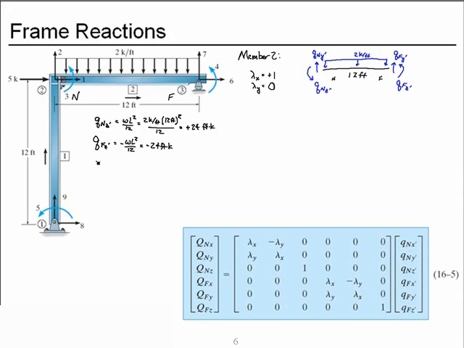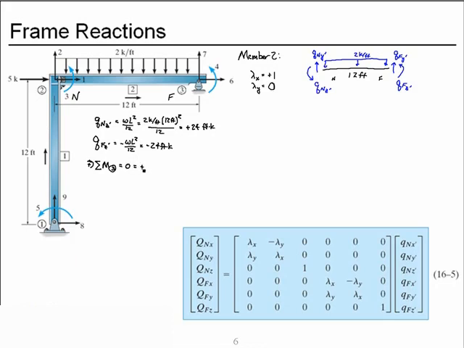Now let's apply equilibrium to this free body, and let's sum moments about node 3, the far node. We'll take counterclockwise as positive.